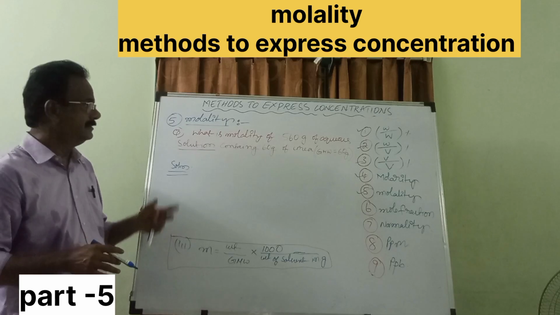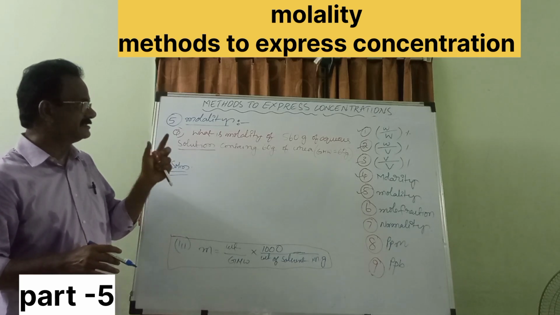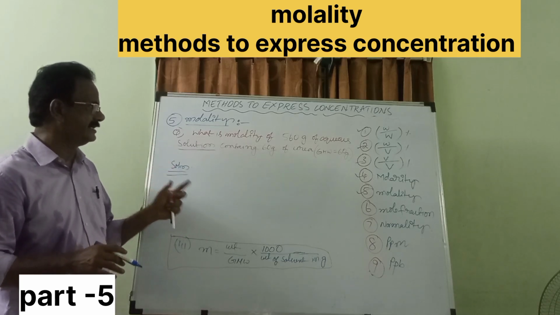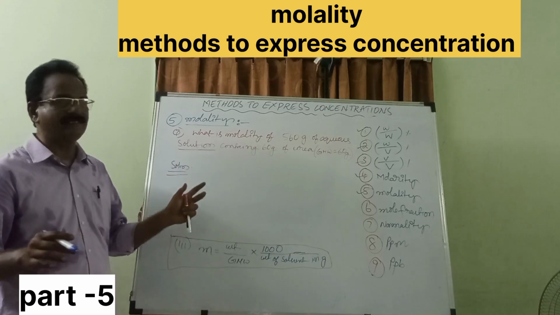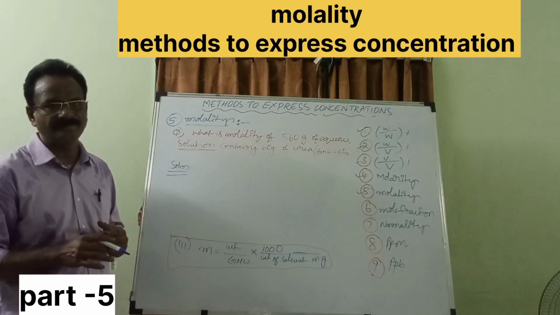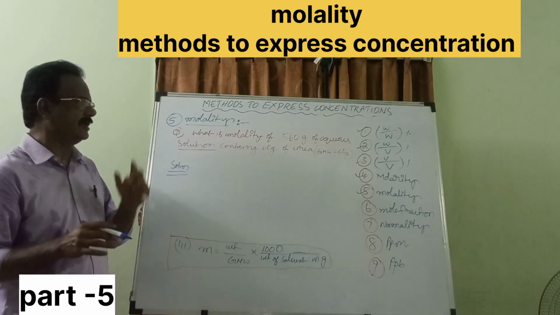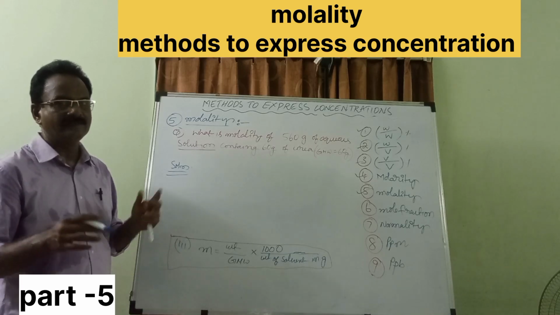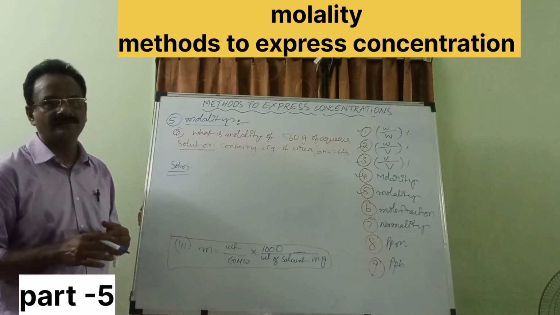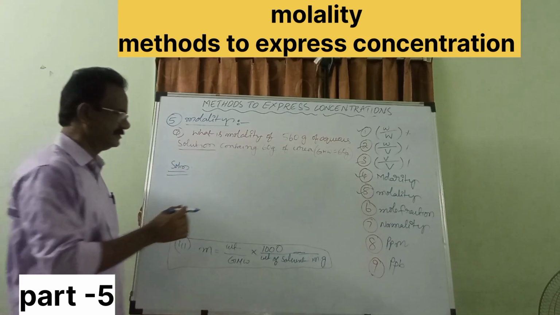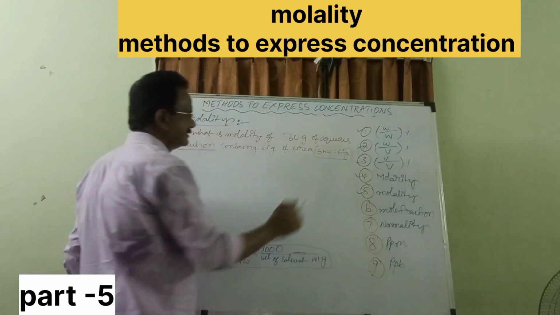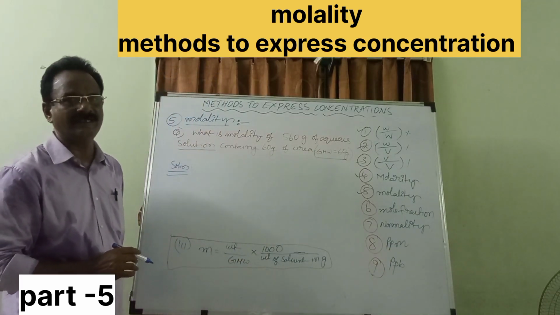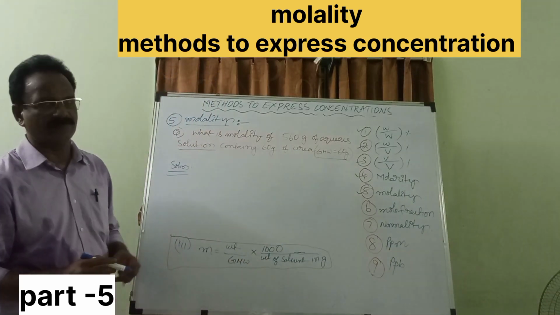But now, they said 560 grams of aqueous solution containing 60 grams of urea. What is the molality? Okay, GMW of urea is 60 grams. Is it clear? Now let us see how to solve the problem.